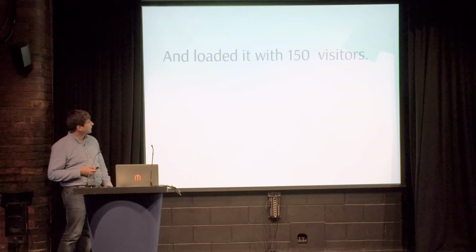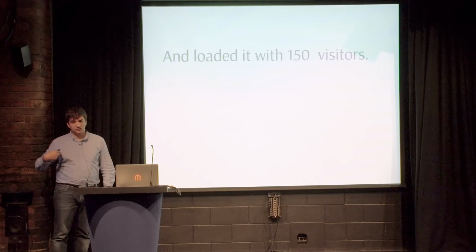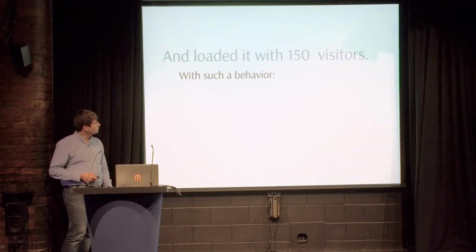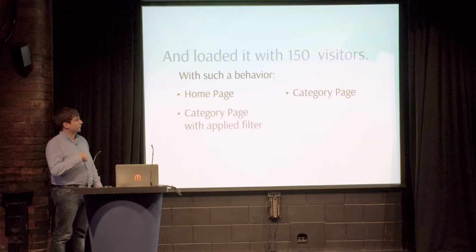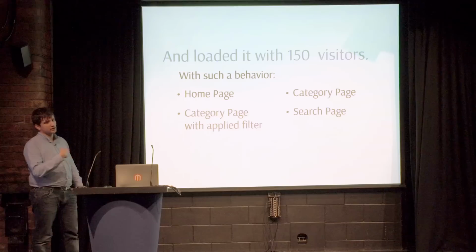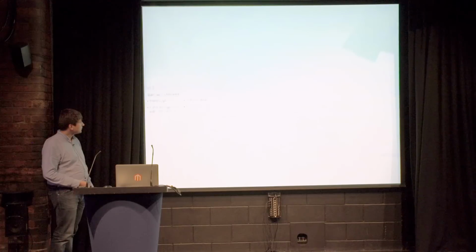The results I got were tested with 150 concurrent visitors. With such behavior: I first visit the home page, I visit a category page with an applied filter, then I hit the search page to retrieve some search results.